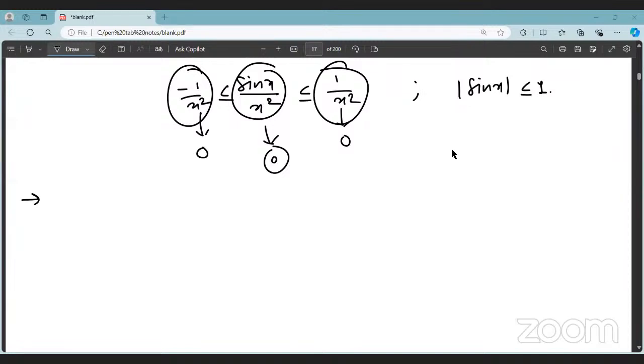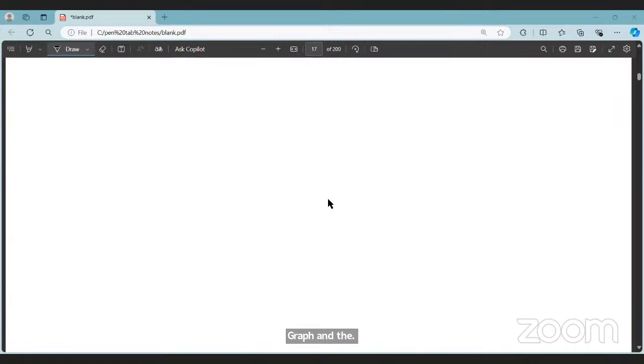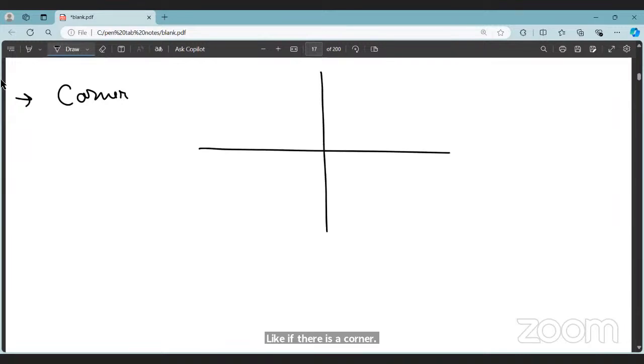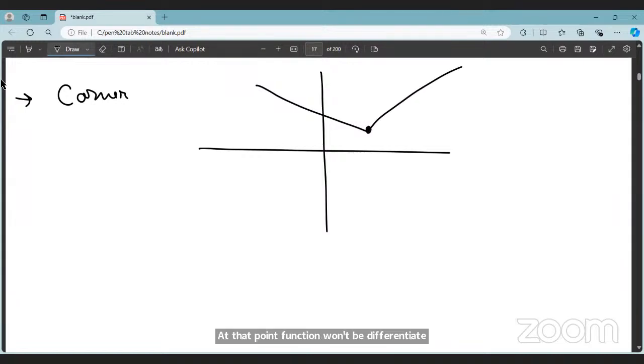Okay, so one thing I want to say about graphs: if some graph is given to you, then how can you judge the derivatives, right? First, I think you're already familiar, if there is a corner, then at that point the function won't be differentiable.